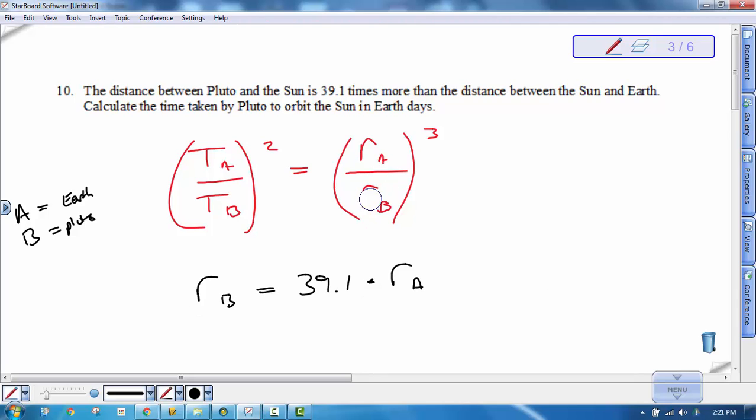I'm going to plug that in right here. Instead of r sub b, I'll make that 39.1 times r sub a. Now the r sub a's cancel, so I just have 1 over 39.1 on this part of the ratio. And then we want to calculate the time taken by Pluto to orbit the Sun in Earth days. Well, we know then that the period of the Earth to orbit the Sun is 365 days.